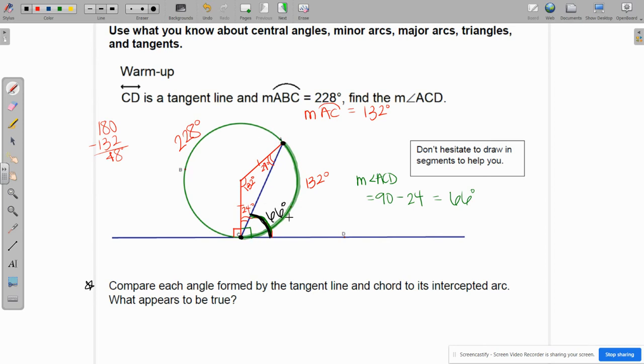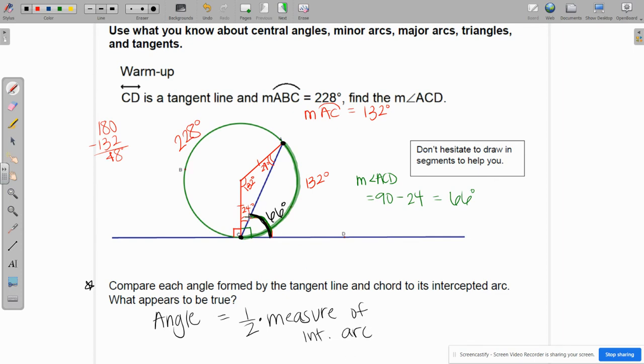So how does 66 degrees compare to 132 degrees? Well, it's exactly half. So the angle formed equals half times the measure of the intercepted arc.